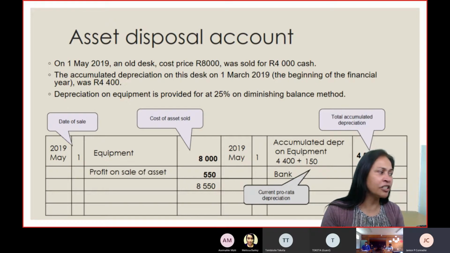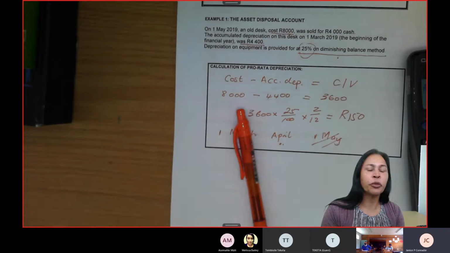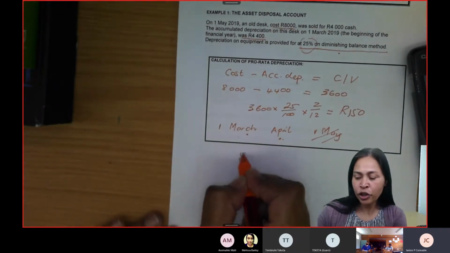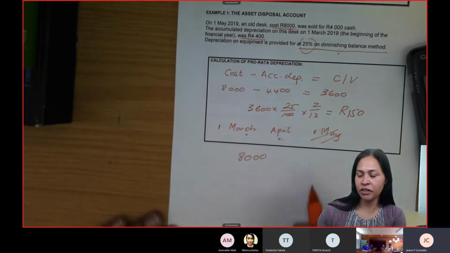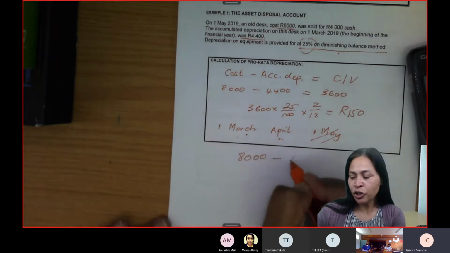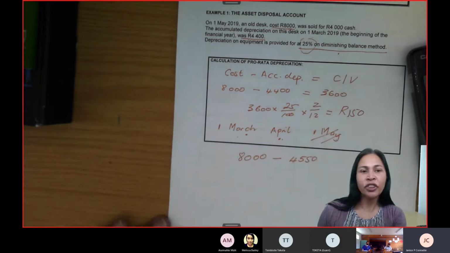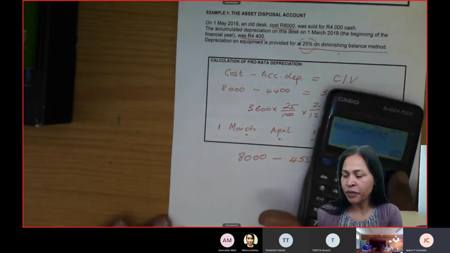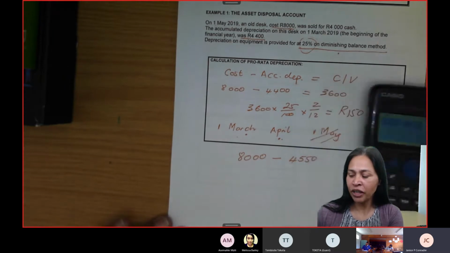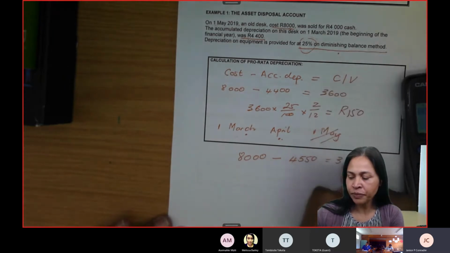And I want to show you again how else we can determine whether it is a profit or a loss. Keep in mind you had your cost of 8,000, but your total accumulated depreciation was 4,550. So again, it is your 8,000 minus your total accumulated depreciation gives you 3,450.